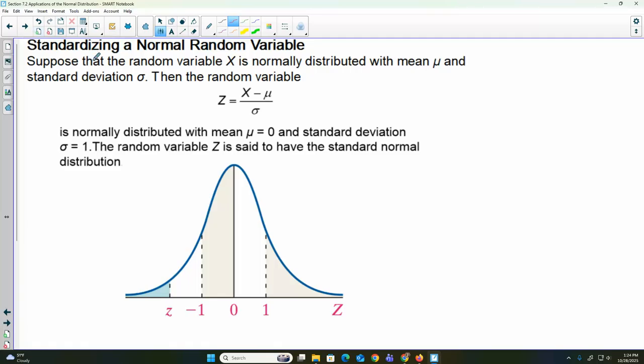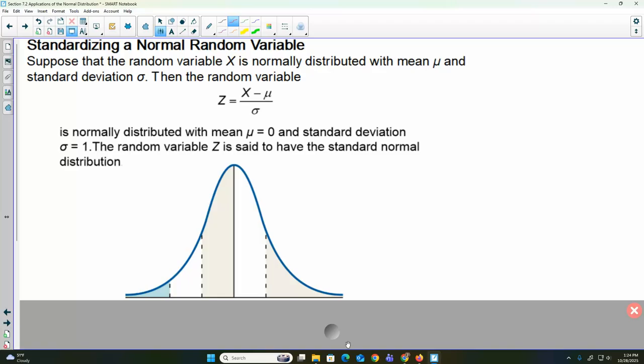So if I wanted the probability of being less than your mean, we talked about yesterday the mean being the middle. So if I were just looking at it that way, the probability of being less than the mean would be what? Yep. Since it's symmetric, it would have to be 50%, right?